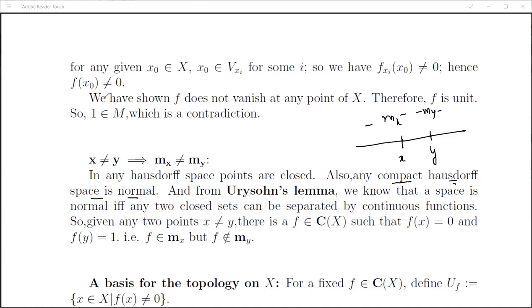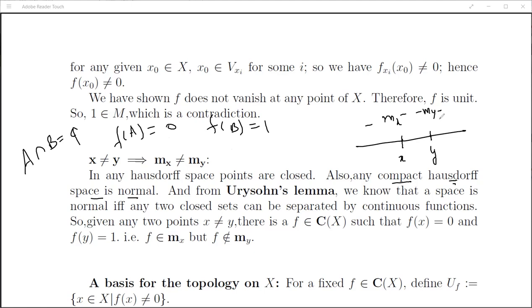So what does that mean? If A and B are two disjoint closed sets, then you can define a continuous function on the whole space X such that the whole of A goes to 0 and the whole of B goes to 1. So this is what we mean by separation of two closed sets, and by Urysohn's lemma, this is always possible if my X is compact Hausdorff.